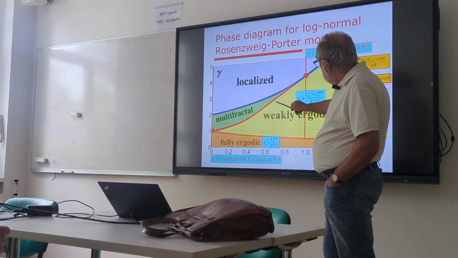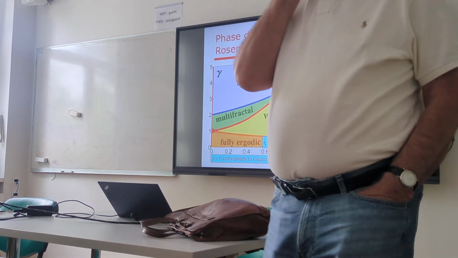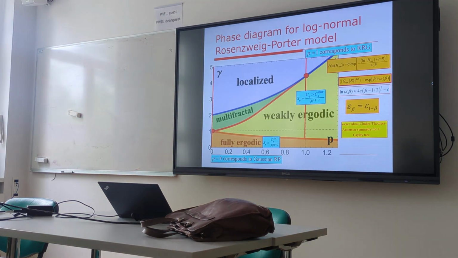Vladimir, I'm confused. Do you mean the IPRs with S_q, or do you mean the entropies? I mean the entropy. Then should there not be a log of N? No, but I mean the entropy.